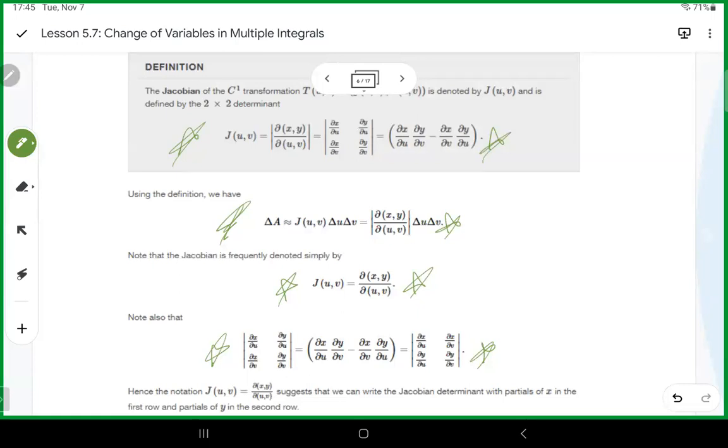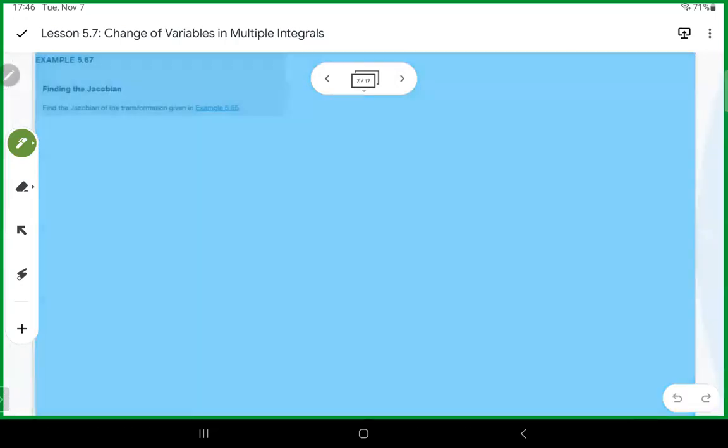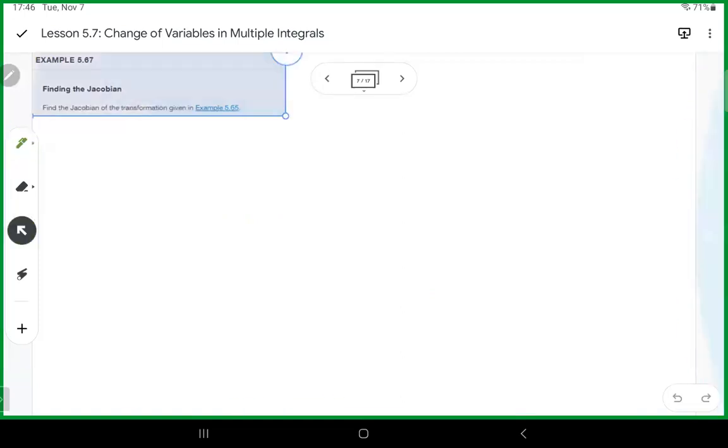Clearly we're going to use the Jacobian. It should be something from your earlier calc experiences. I remember it more from linear algebra than from calculus, probably because I enjoyed linear algebra so much more.